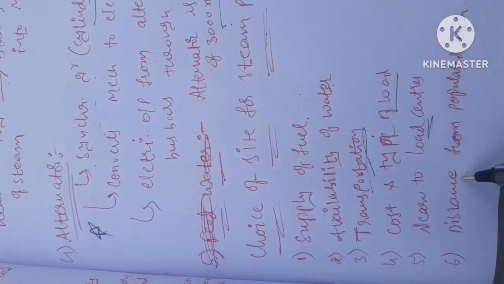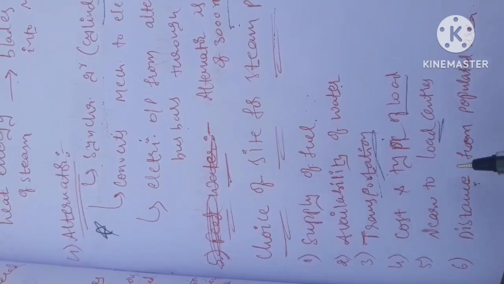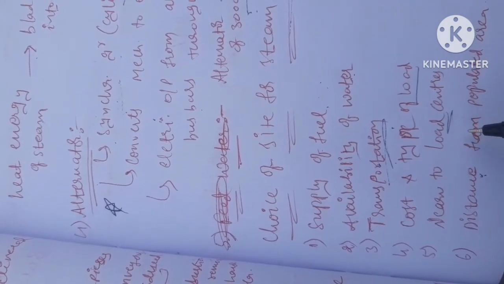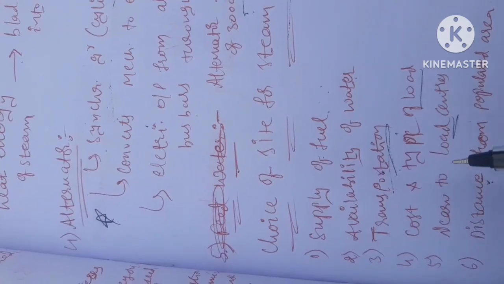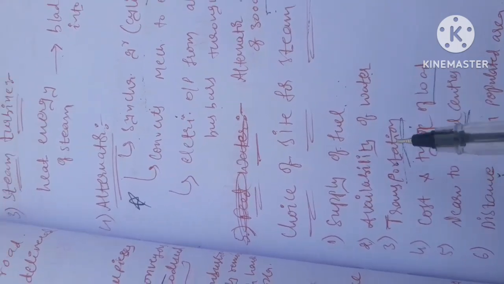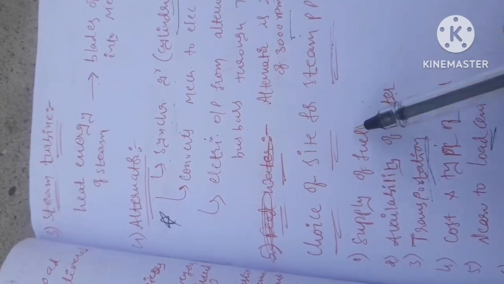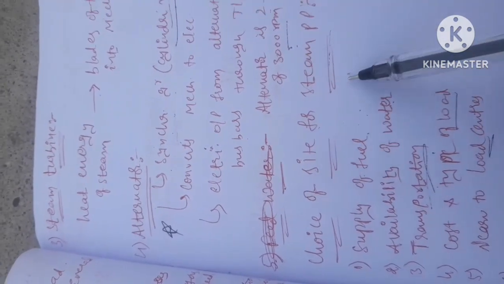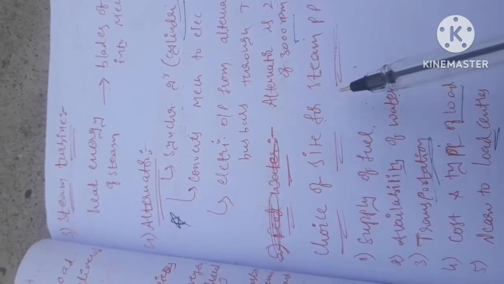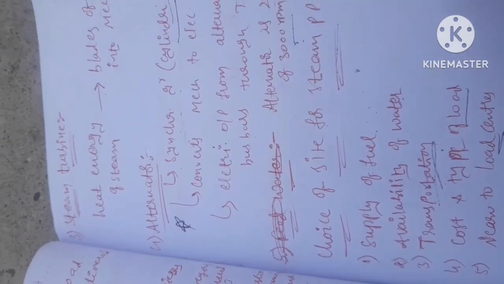Also, it must be constructed at a distance from populated areas, that means on the outskirts of cities where people don't live. So these are the factors for the choice of site that we have to see for a steam power plant.